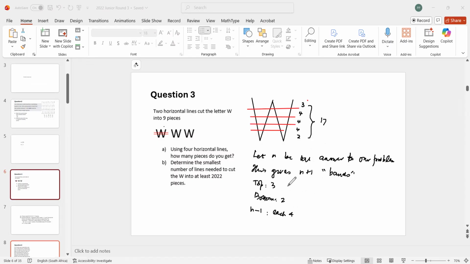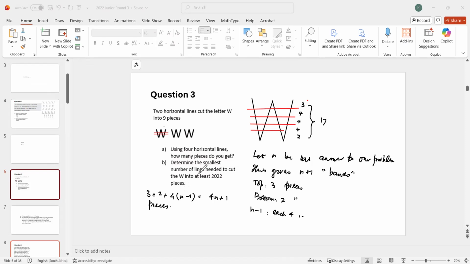So now these are the pieces. All right, so how many pieces have you got altogether? You got 3 plus 2 plus 4 times n minus 1. That's 5 minus 4. So that gives you 4n plus 1 pieces altogether.